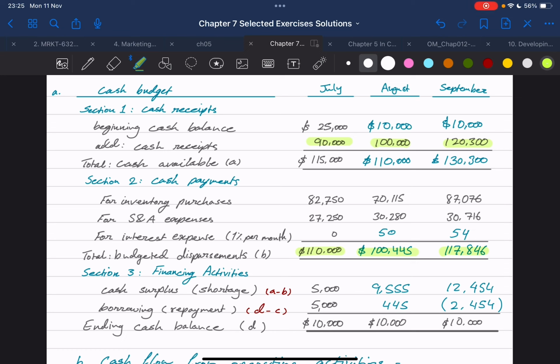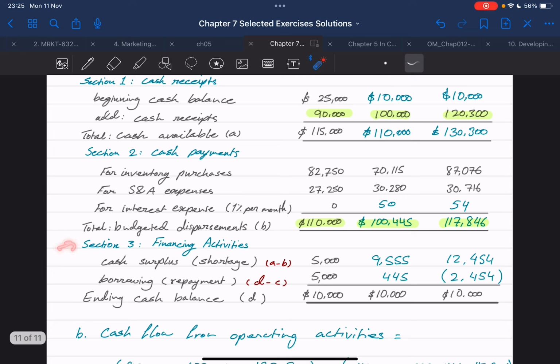The cash budget, as we have learned, contains 3 sections. Section 1, which includes cash receipts, and section 2, which focuses on cash payments, and then section 3, which completes the other 2. This is for financing activities. So depending on the situation, if the business is expected to have a cash surplus or a cash shortage, then if they have a shortage, they can cover that shortage with some borrowing.